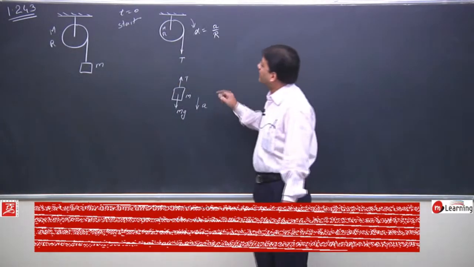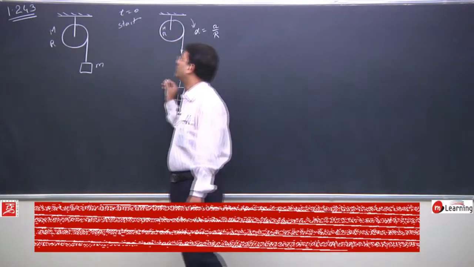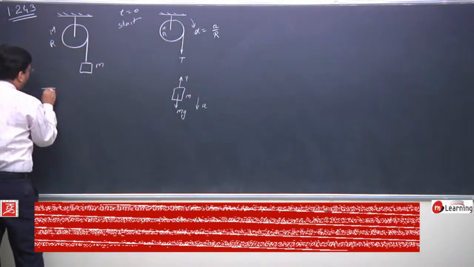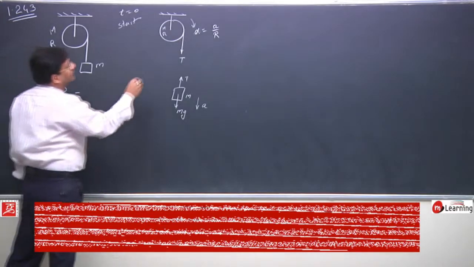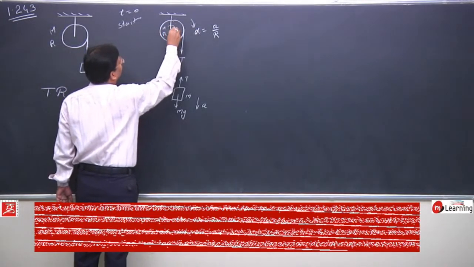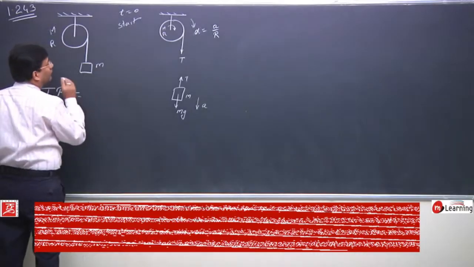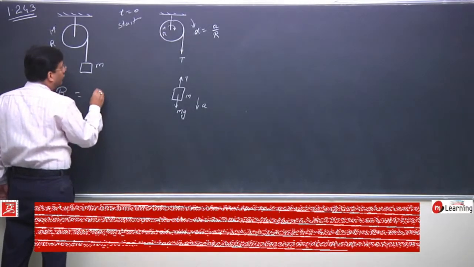Now, I will write two equations. मैं पहले इस सिलेंडर के लिए लिखूंगा T into R. This is the torque about this point, equal to I into alpha.